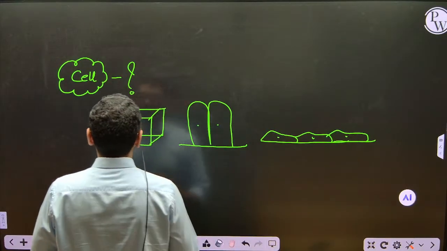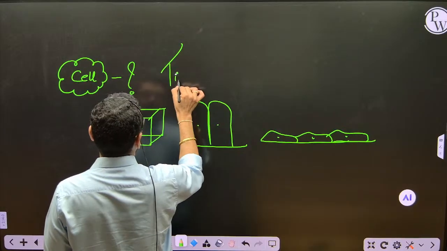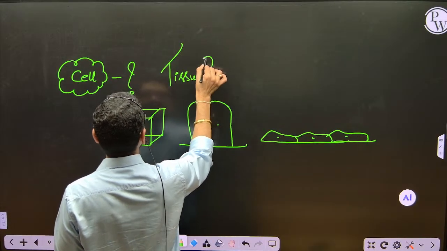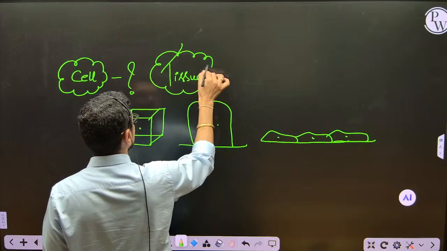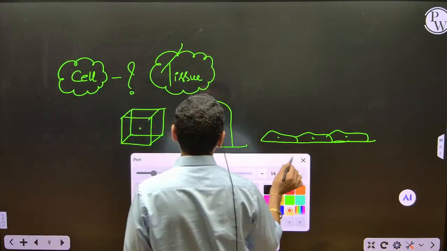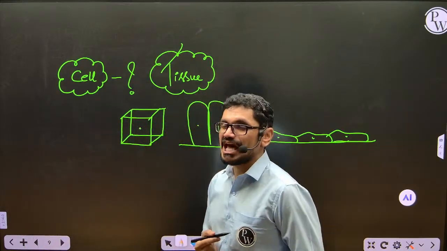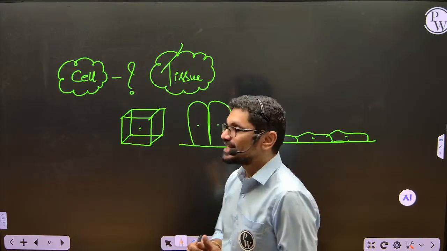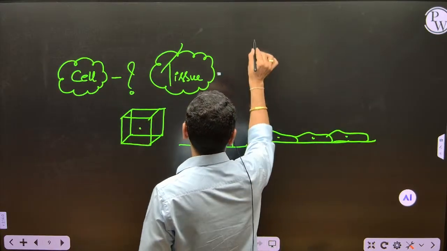Now, what is tissue? Come on, tell me. Many people know that tissue means a group of cells. But let me write here.